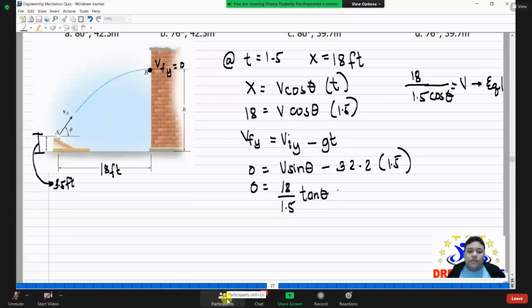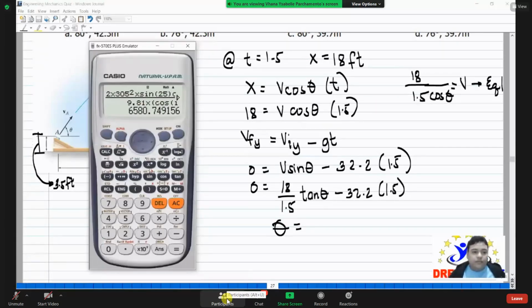So sine over cosine is tangent theta minus 32.2 times 1.5. So makukuha na natin yung angle of release: 18 over 1.5 times tangent theta minus 32.2 times 1.5 is equal to 0.